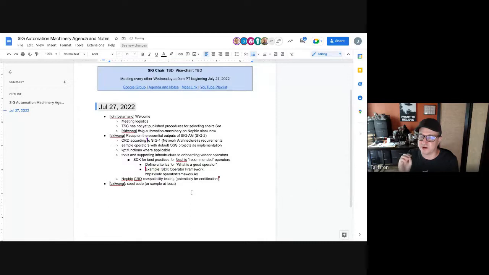So I mentioned in my document that there's this notion of what I call pure operators, that just take the custom resource and emit Kubernetes resources, and manipulate those Kubernetes resources. But there are impure operators that also do other stuff. They would do configuration of these components.